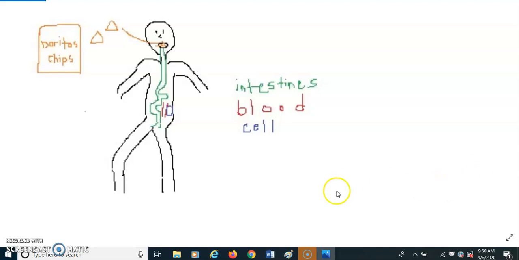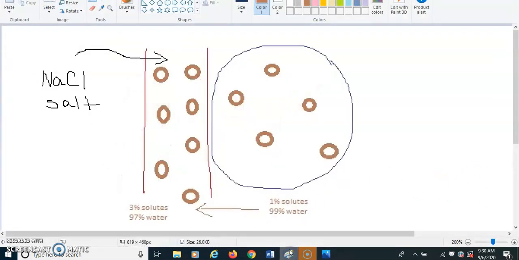So what I'm going to do is, I drew another picture. Apologize again for the poor quality, but I zoomed in on the blood vessel here. So this is showing the wall of the blood vessel, and here are some solutes. So these are representing solutes. I probably should make that clear.